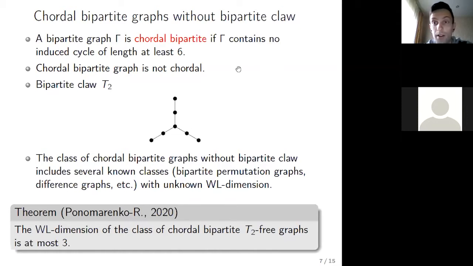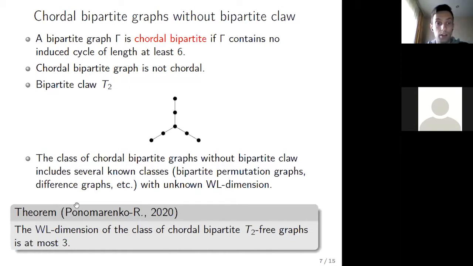Why do we choose maybe such a strange class of graphs? So this class of graphs contains some natural classes of graphs. For example, bipartite permutation graphs, difference graphs, with unknown Weyl dimension. So maybe these classes of graphs are quite easy, but their Weyl dimension is unknown.